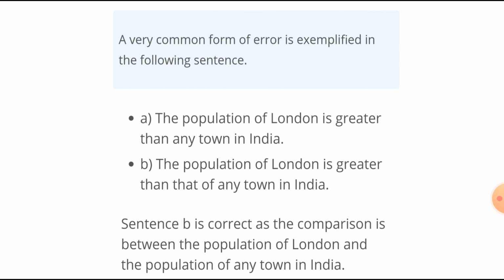So both the nouns that are to be compared, they should be in the same state or position, as it will become wrong to say on the one hand the population and on the other hand if we take the town itself. They should be in the same, you may say, category or state.